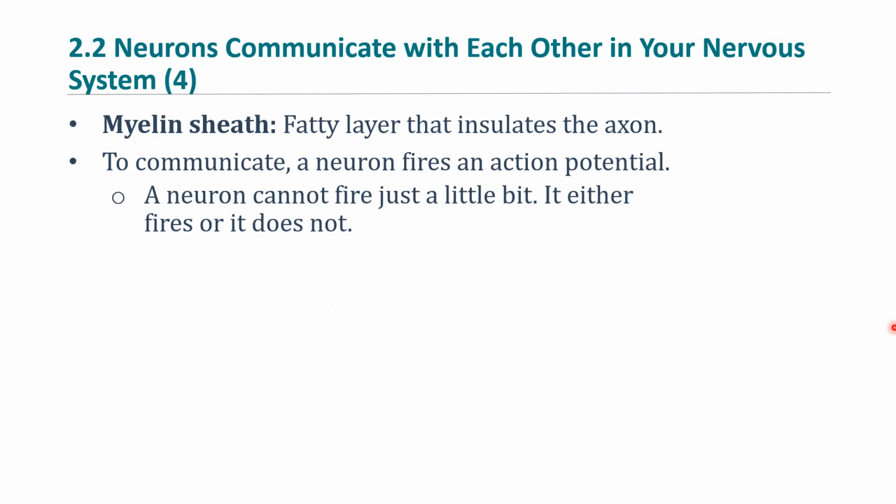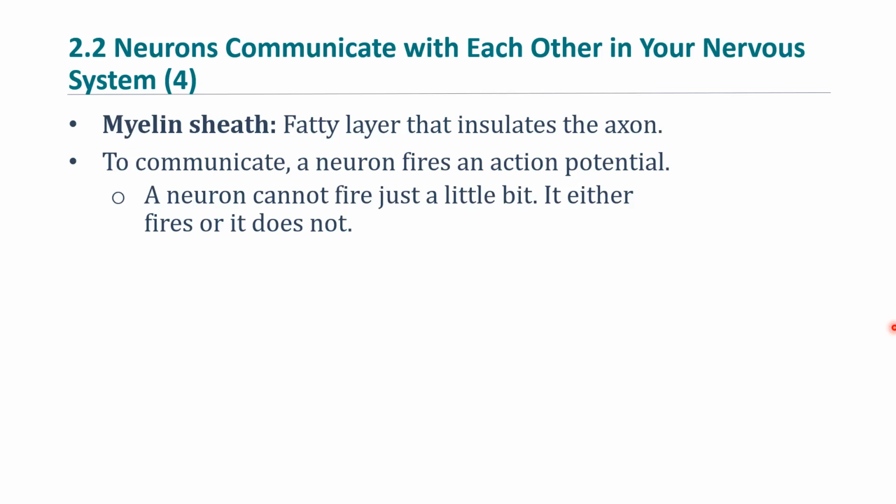And so I would want my brain to receive a stronger message. But the thing is, a neuron can't fire strongly or weakly. It fires or it doesn't. It only has one strength. Think about a gun. I don't like guns, but it's a good example.